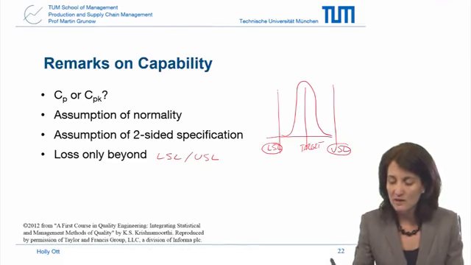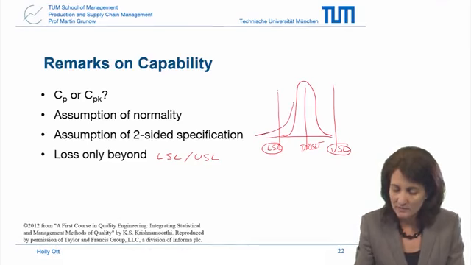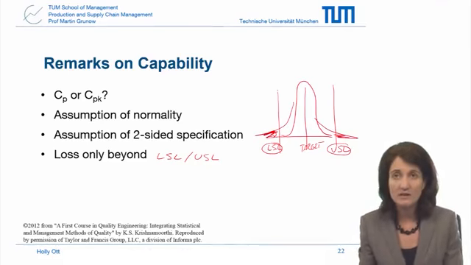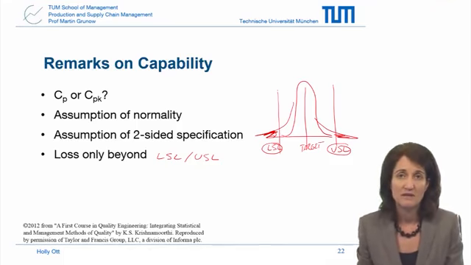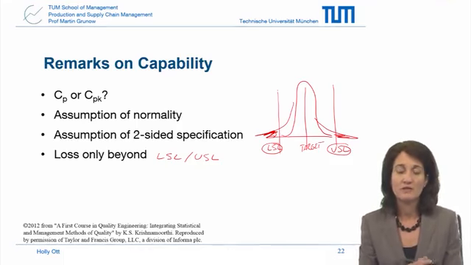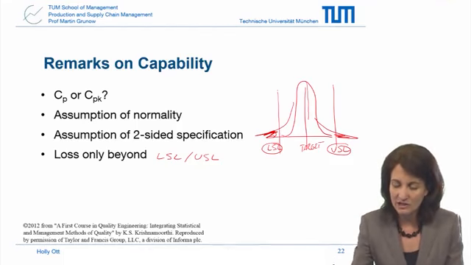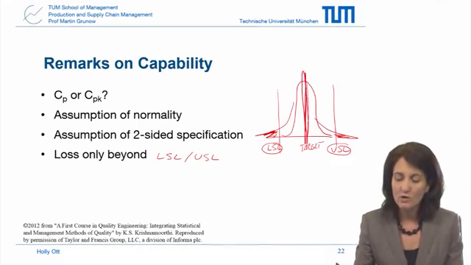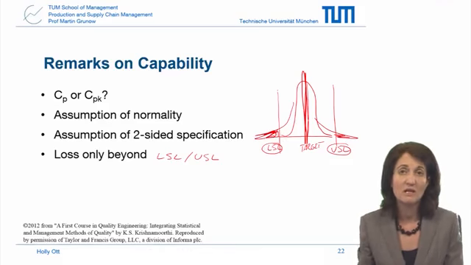But as soon as the distribution extends beyond the specification limits, there's an immediate high level of loss. And this can be not true. You can see a degradation as you move away from the target, or you can have less of a loss, not a complete reason for scrapping as soon as you go out of the specification limits.